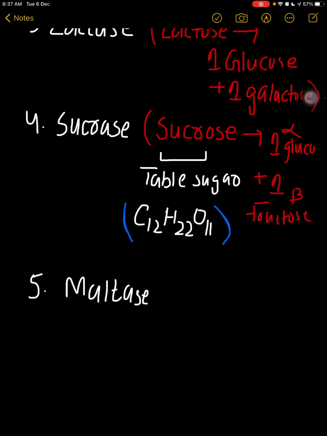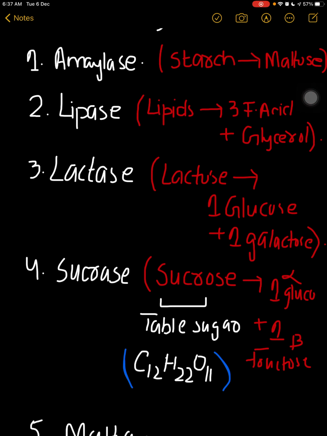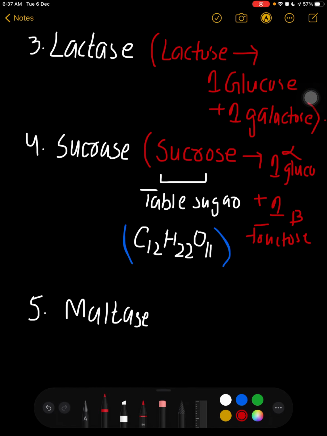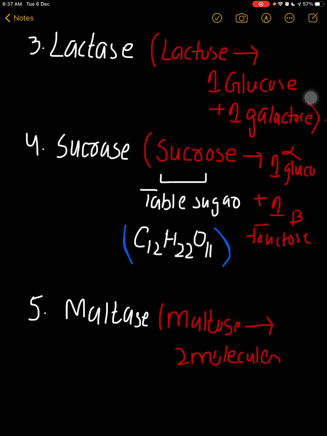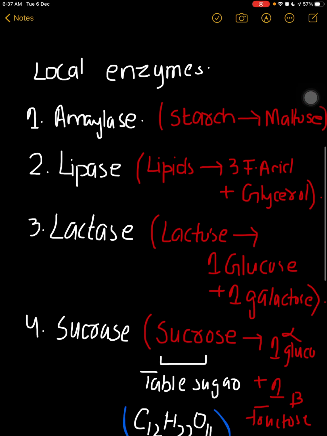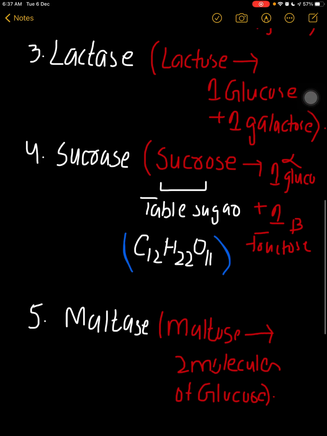The starch has been converted into maltose by amylase, and maltase will convert that maltose into two molecules of glucose. So I hope these are the enzymes known as local enzymes.